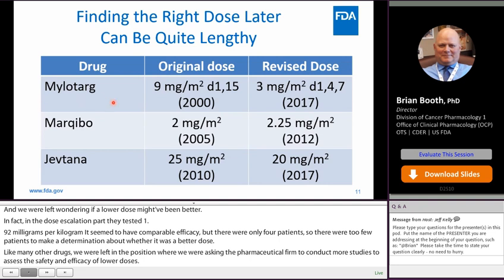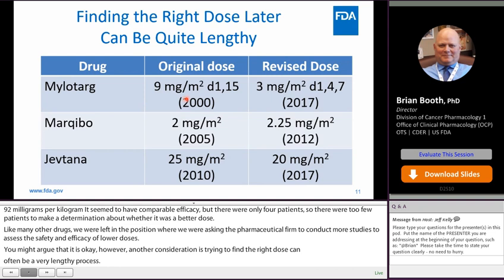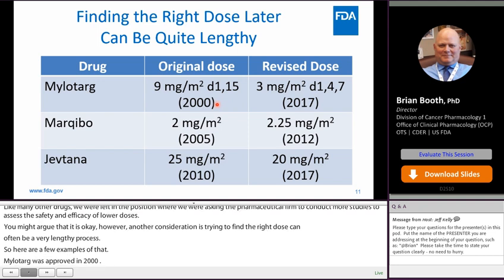So Mylotarg was approved in the year 2000 at a dose of 9 milligrams per meter squared, and it was dosed on day 1 and day 15. But it turned out over time that this was a fairly toxic dose, and the efficacy was questionable. And at a later point, the drug company removed the product from the market and did some redevelopment of it.